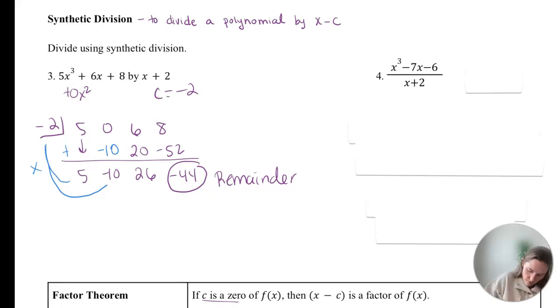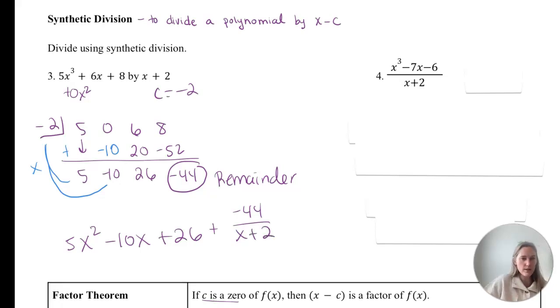So we're going to get 5x squared minus 10x plus 26, and then the remainder is negative 44 over what we were dividing by, which is x plus 2.